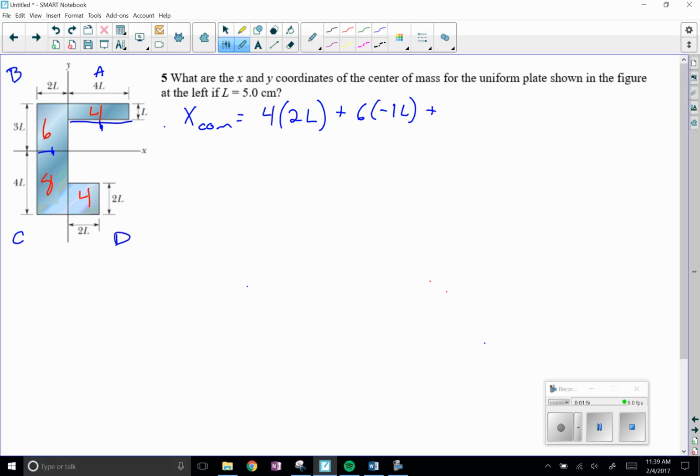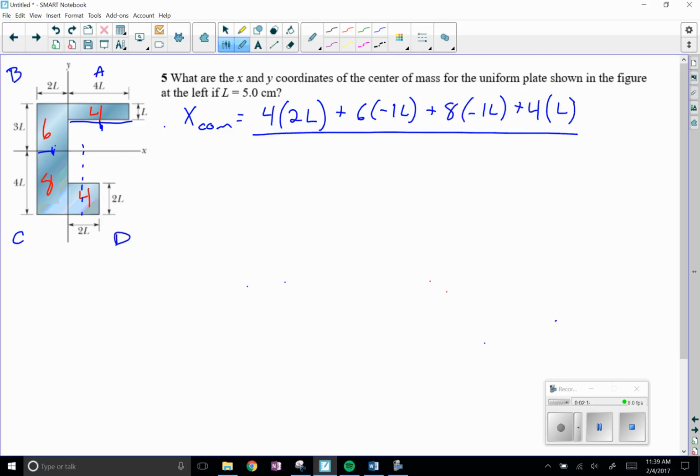Plus, chunk C has a mass of 8 units, and its center of mass is at the same x position as chunk B, -1L. And finally, chunk D has a mass of 4 units, and its center of mass is at 1L.